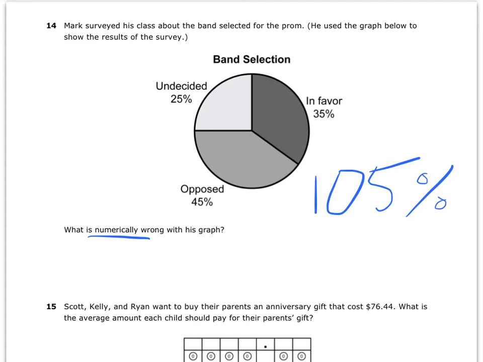No. That 5% is students that do not exist. Alright? I know coaches like to tell you give 110%, but that doesn't really exist. So 105% does not make sense. Therefore, that's your answer. You can either put it doesn't add up to 100 or it adds up to 105, whatever. Either way you want to word it.